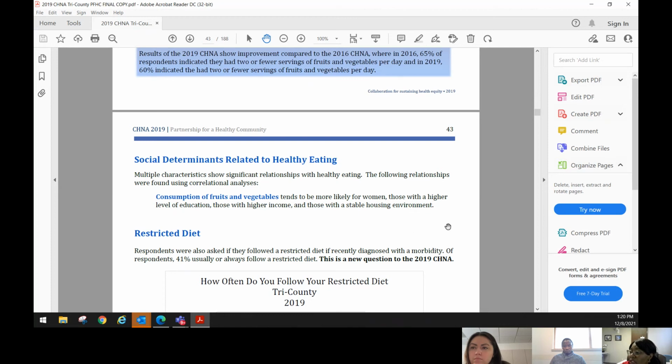So if your patient is a man with a lower level of education, lower level of income and unstable housing environment, you have an idea of maybe why that person's diet is the way that it is.